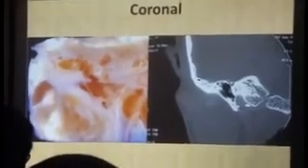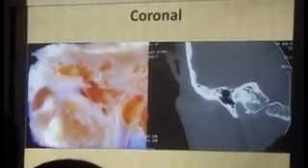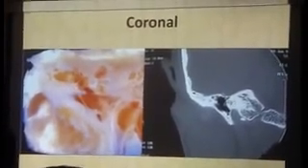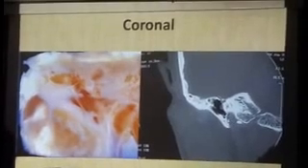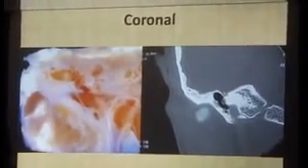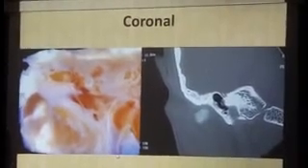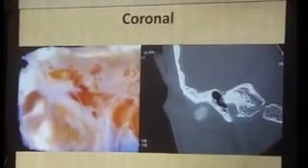Finally, everything disappears, just a far haze as far as the turns of the cochlea are concerned, the geniculate ganglion, and this is the vertical part of the internal carotid artery. Nothing more to see here. As I said, as you move more anteriorly, the number of structures become lesser and lesser.